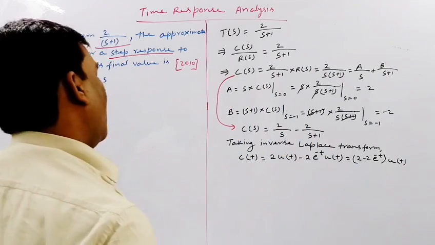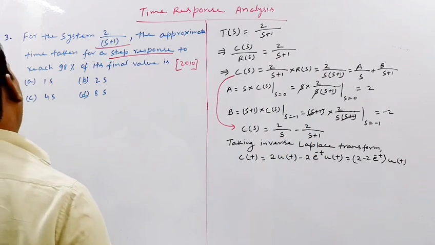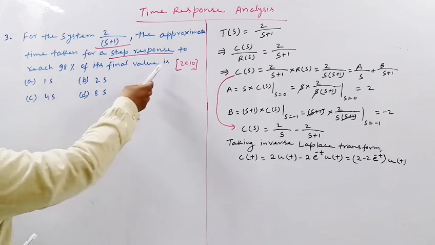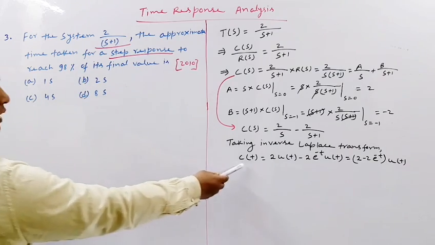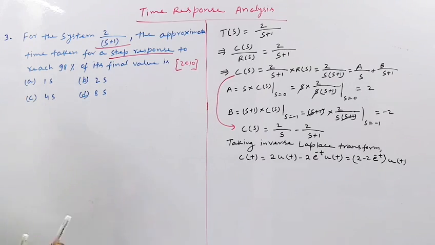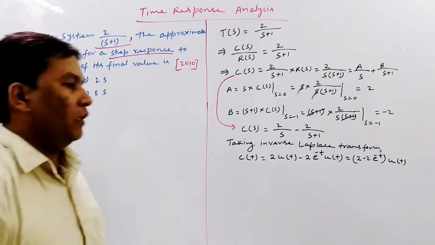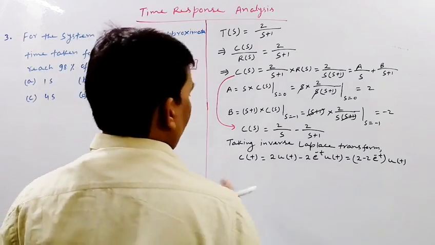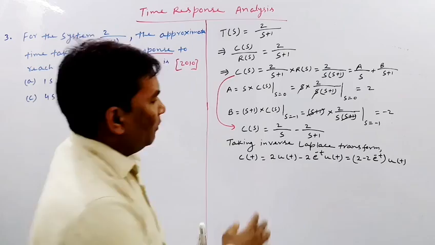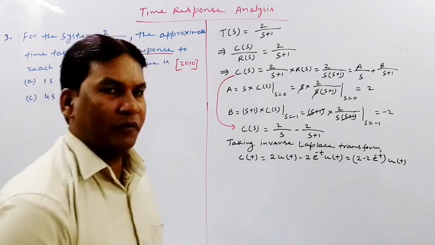Okay. Now the question is asking about the time taken by this response to reach 98% of its final value. So what is its final value? The response will reach the final value at t equal to infinity.